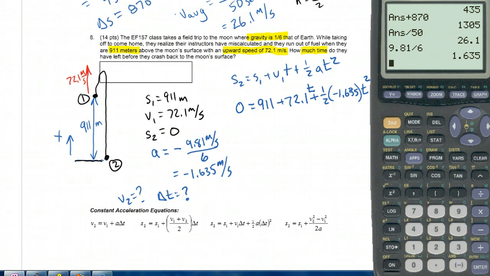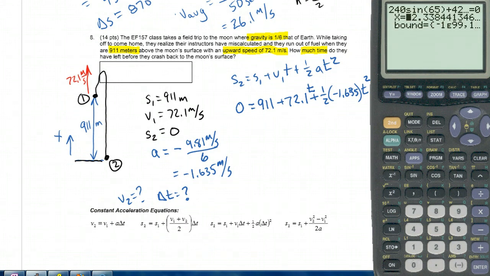Favorite way of solving quadratic? Mine is the solver. Math 0, up arrow, clear, and just enter the equation in. 911 plus 72.1 x, I'll use the minus sign right there, 0.5 times 1.635 x squared.